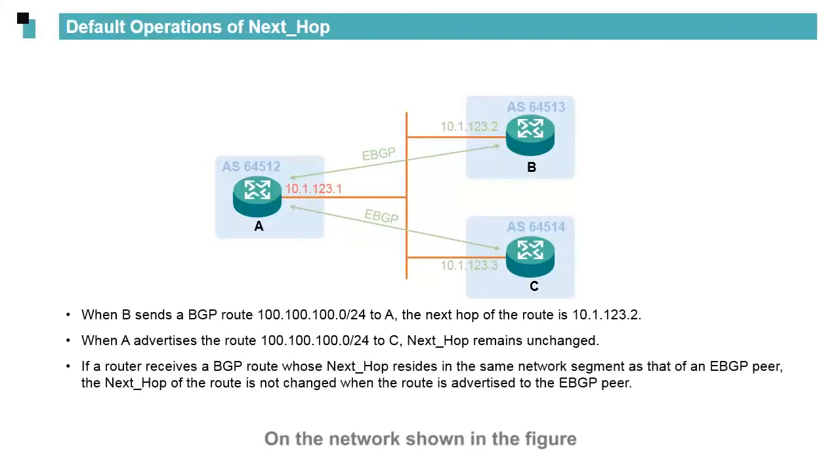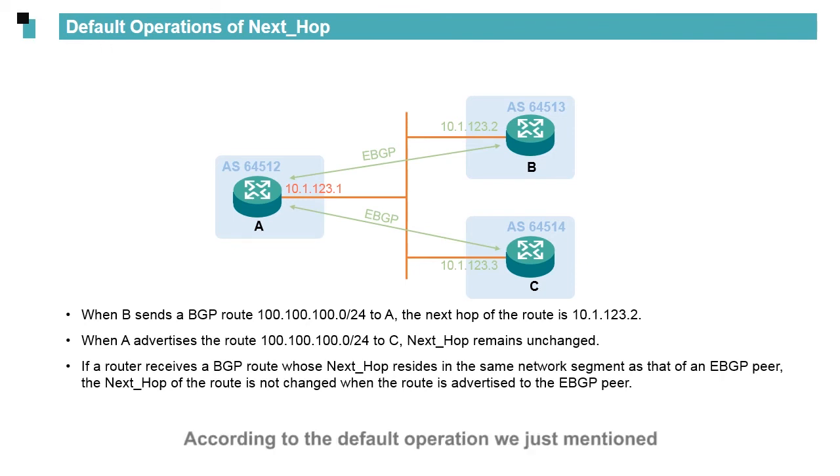On the network shown in the figure, the three routers are connected to the same switch and belong to the same network segment. An eBGP relationship is established between A and B and between A and C. No BGP relationship is established between B and C. When B sends a BGP route 100.100.100.0/24 to A, the next hop of the route is 10.1.123.2.